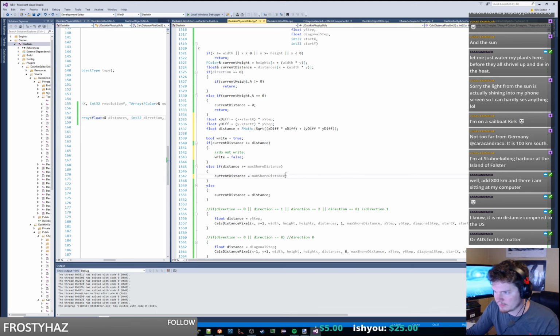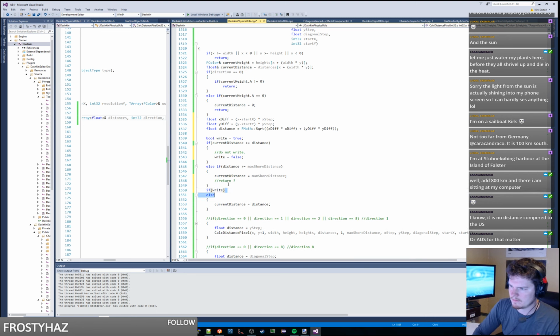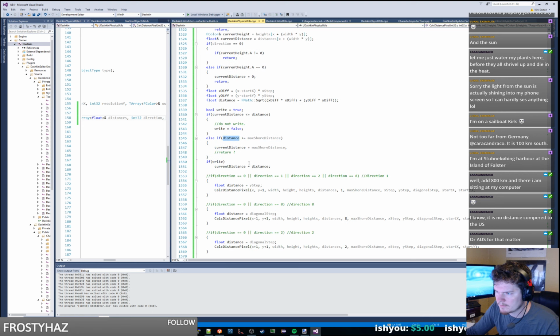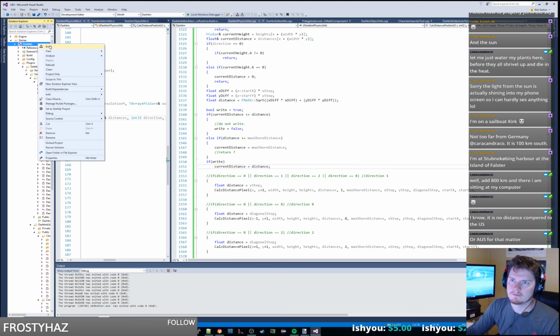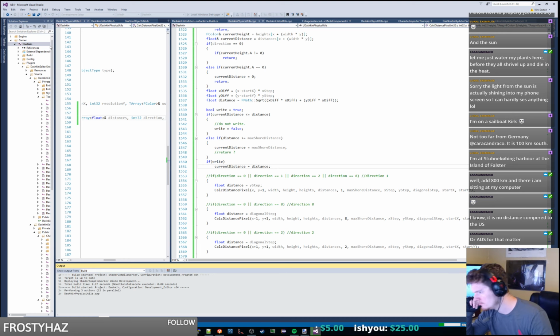Well, let's just take out the return. Alright. Because what might be happening is we're short-circuiting something because some distance value is changing. I'll have to just look at it.